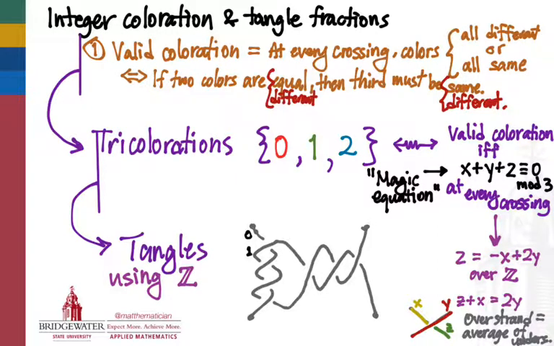And so here 1 is the overstrand, 0 happens to be one of the understrands. And so 1 needs to be the average of 0 and whatever this other one is. So what does that tell me this strand over here is going to be at this crossing? 2. 1 is the average of 0 and 2. And so that strand is going to get colored 2.